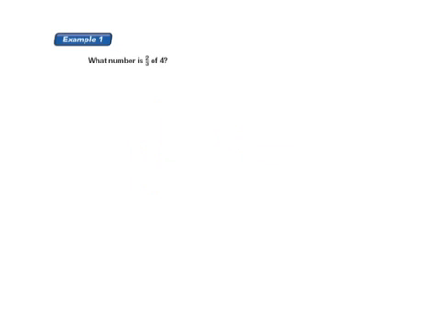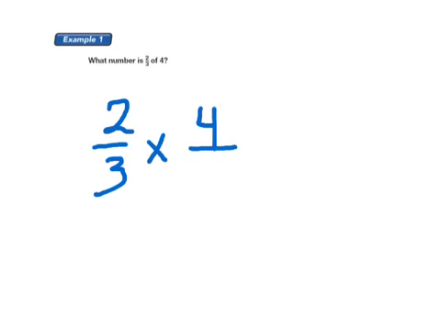Okay, before we jump into number one, let's talk about how we write a whole number as a fraction. In our example, we're trying to find what 2/3 of 4 is. To do this, I'm actually going to use a multiplication problem: 2/3 times 4. But in order to multiply it as a fraction, I need to make 4 into a fraction. So my numerator will be 4, but my denominator is 1.